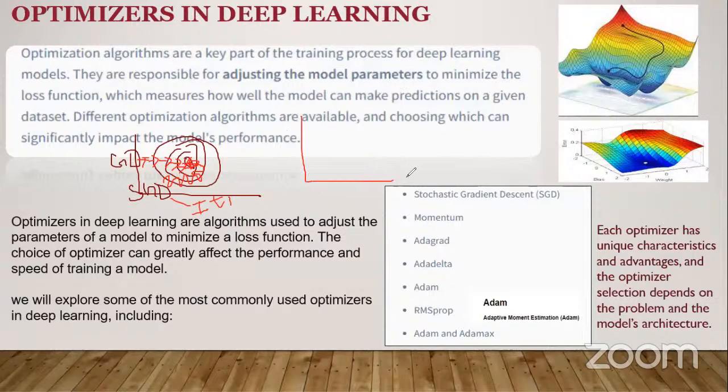Let's say I draw it like this. This is the initial weight, and this is the point which we are trying to reach. If I take a small learning rate, for gradient descent the entire data set is there, so we can reach slowly.